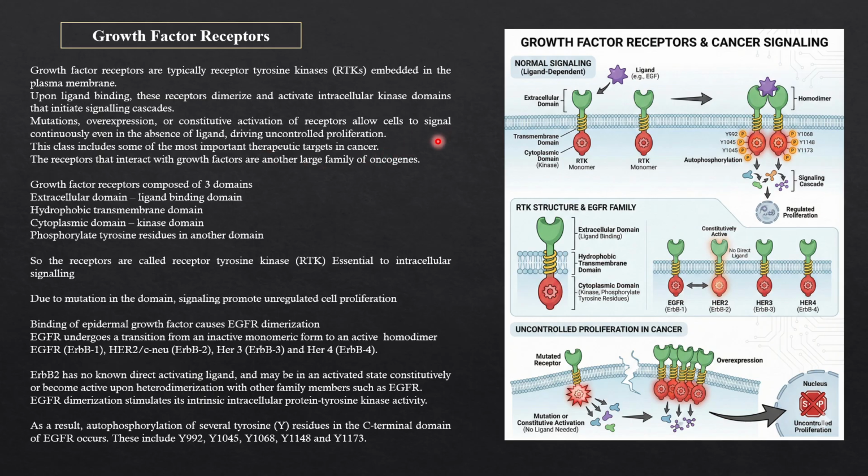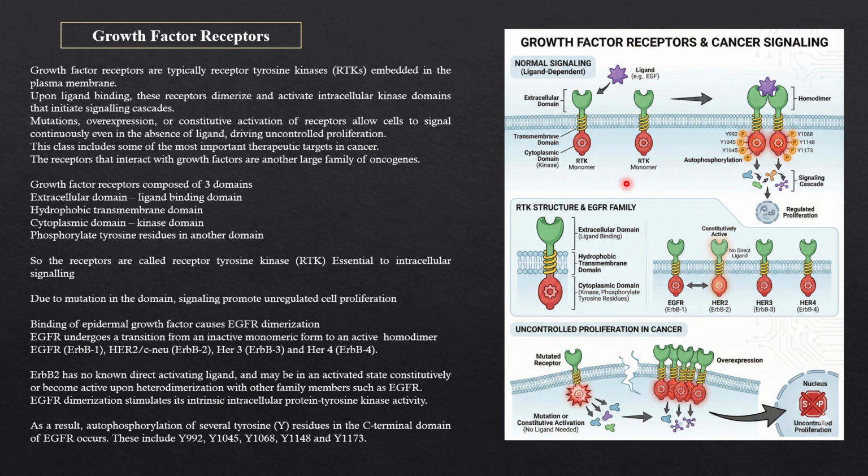And the growth factor receptors are composed of three domains. These are the extracellular domain, or the ligand binding domain. Then comes the hydrophobic transmembrane domain, and there is the cytoplasmic or kinase domain. Again, there are phosphorylated tyrosine residues in another domain. So the receptors are also called receptor tyrosine kinases, essential to intracellular signaling.